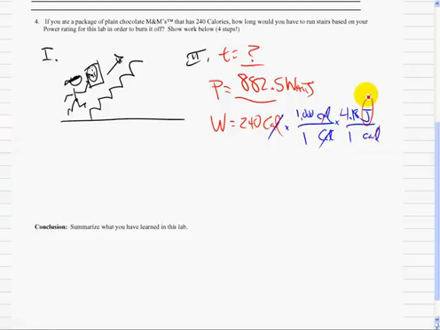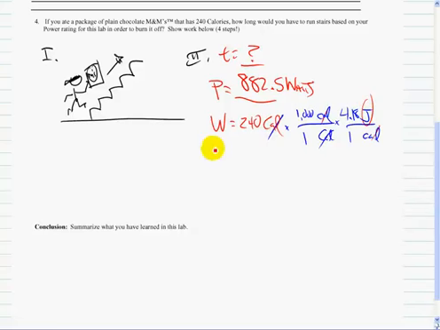Let's multiply through. So go and get out your calculators, take 240, multiply by 1,000, and then what? Multiply by 4.18. Do we have to divide by 1 on the bottom? We don't, right? It doesn't change it, yeah? And what do you get when you're done? Really small number or really big number? Yeah, honking huge number, okay?